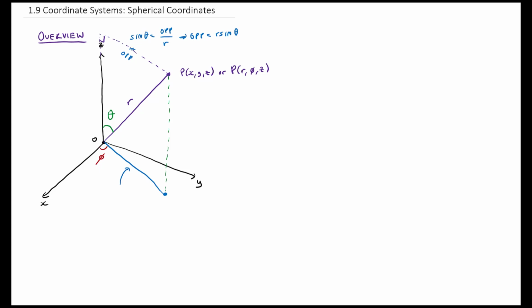But this length is the same as this length. So this is equal to r sine theta as well, and it's called the projection of r onto the xy plane. So now with spherical coordinates, we know that we can represent a point P using r, phi, and a new angle theta.